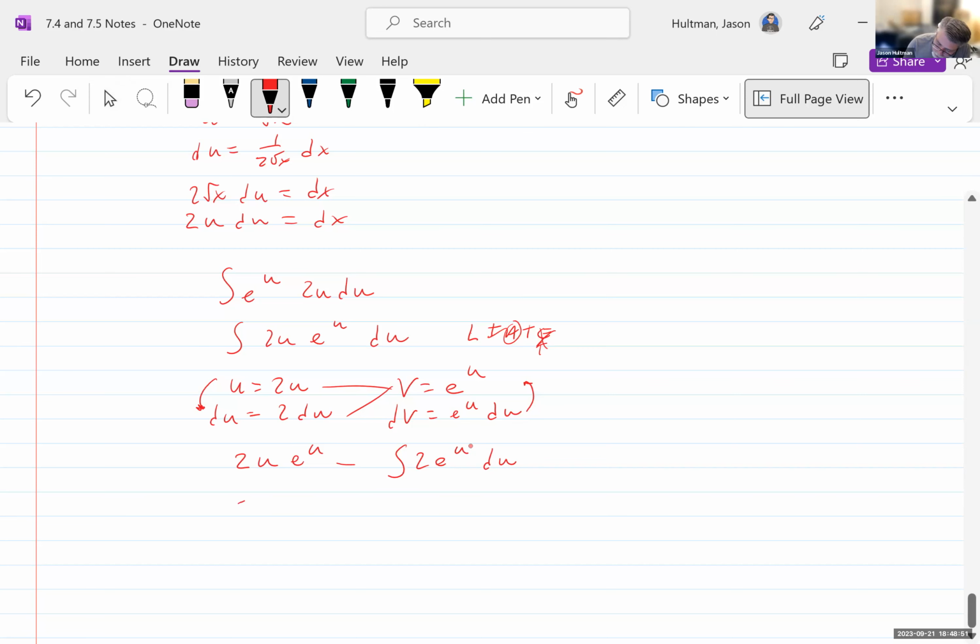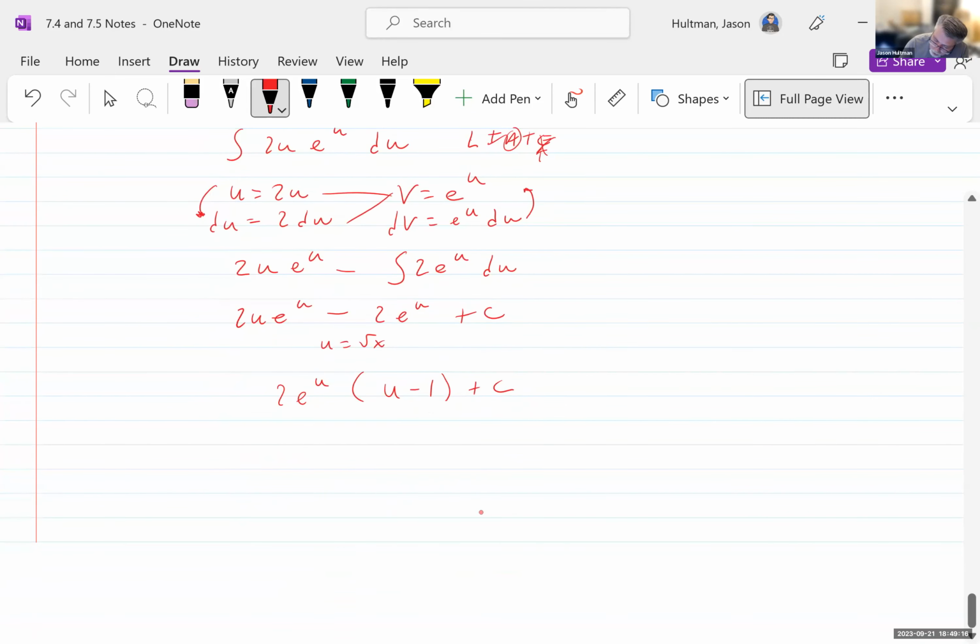Okay, so now we've got 2u e to the u minus the integral of this, which is just 2e to the u plus c. But what was u? U was radical x. So I could actually factor out a 2 and an e to the u. And then I get u minus 1 plus c. And then I'm going to plug in radical x.